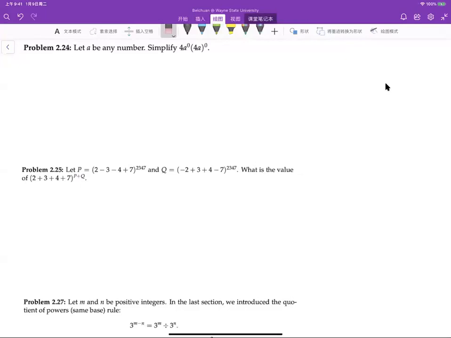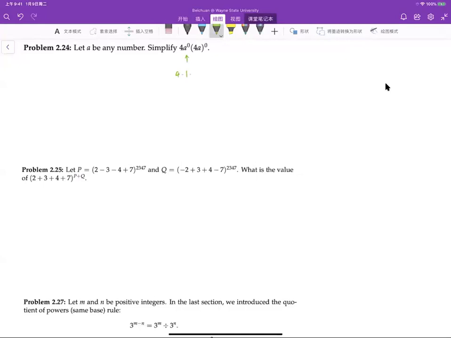So you first, for a to the 0, you can simplify it in the order of operations, you first do a to the 0. Good. So then what will be a to the 0? It's 1. Good. So let me just copy the 4 here.